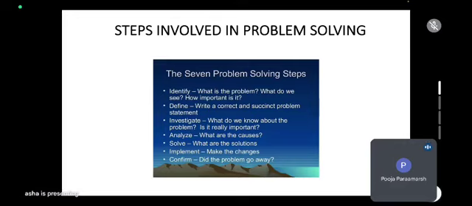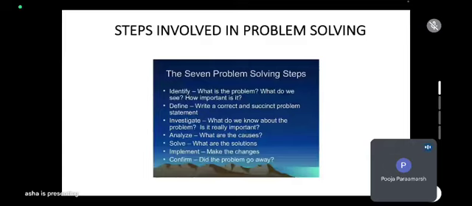So for me, it is not a big problem. There are different ways of looking at a problem by different people. Okay. So first thing is, let's find out what is the problem. For you, it may not be a big problem, but for me, it might be a big problem. So different people vary in how they see the problem.